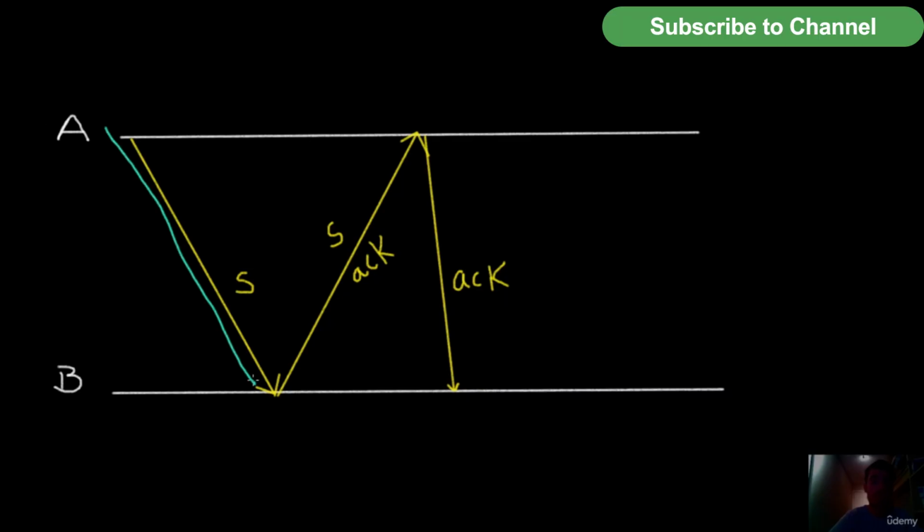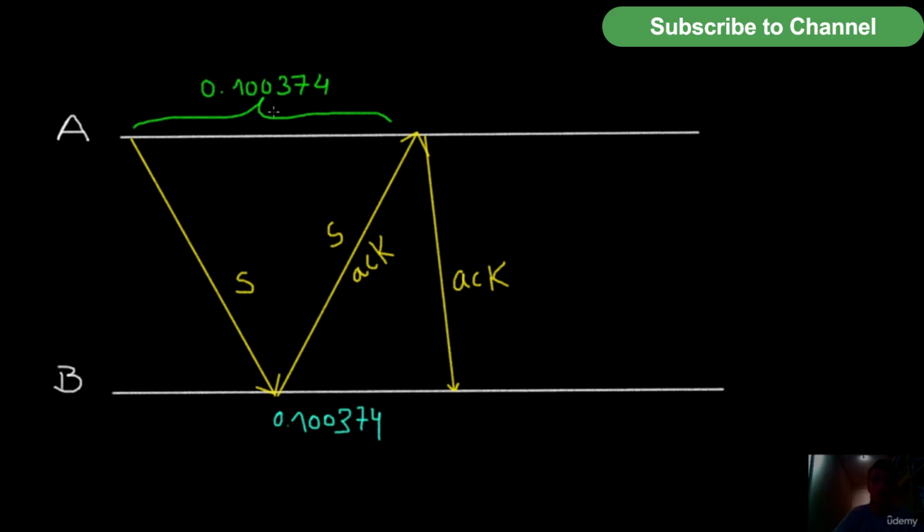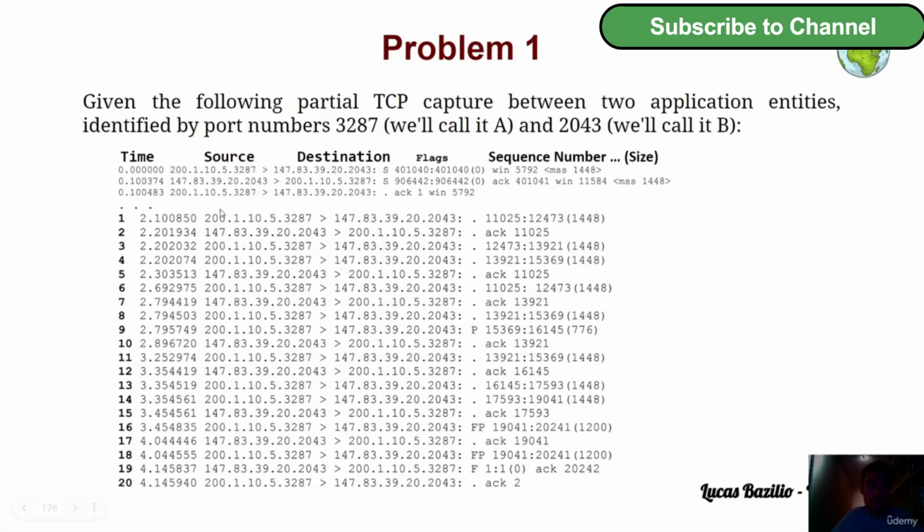With the first segment we send at time 0, and the second we receive at this time 0.1 and the value, which is this value in here. This essentially means that this time is precisely the value of a round trip time. And the reason that this is the round trip time is, as we can see, if we analyze now the third packet, the time frame gives us 0.100483.